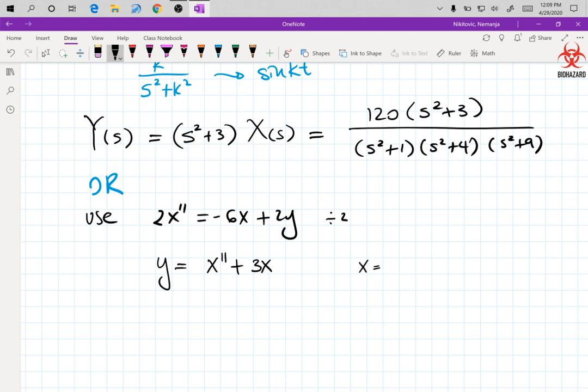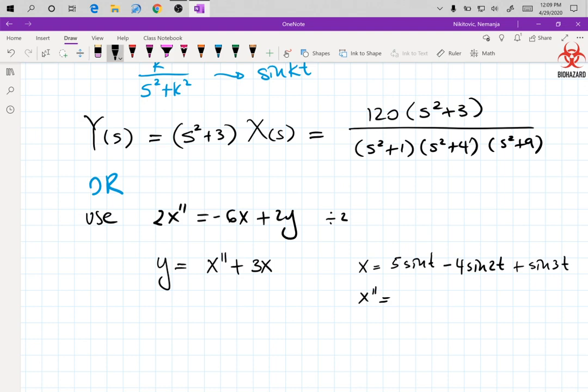So x is equal to 5 sine t minus 4 sine 2t plus sine 3t. So you can just go ahead and find the second derivative of this. Now I'm going to do the second derivative in one shot.